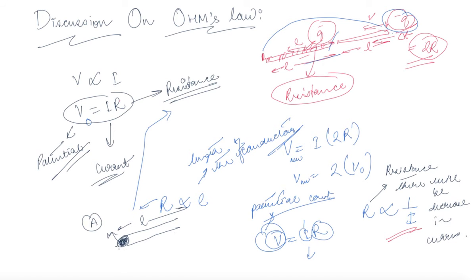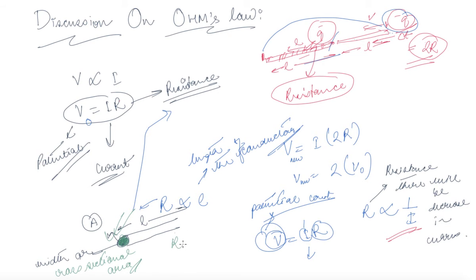This is known as width, or the most common term that you will come across is cross-sectional area. So this is your cross-sectional area.